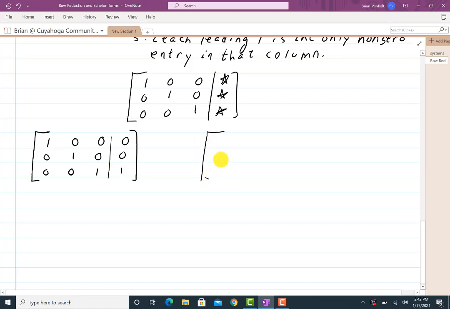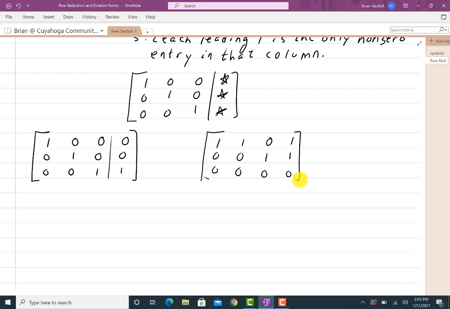Another example looks like this. And if you don't mind, I'm going to stop drawing that little vertical line just because these rules are going to work whether it's an augmented matrix or not. So I'll just drop that for now.